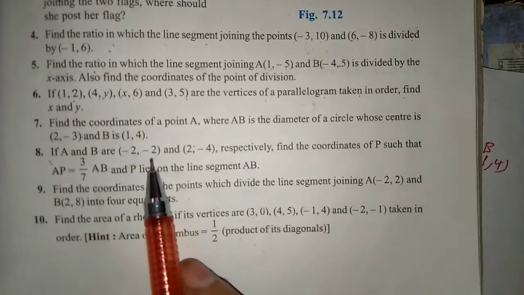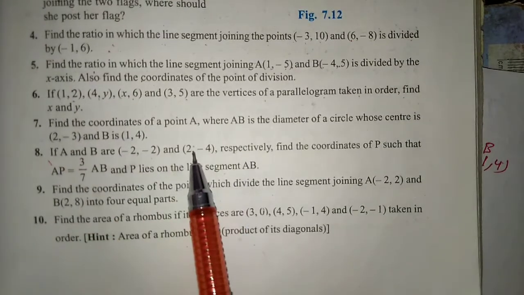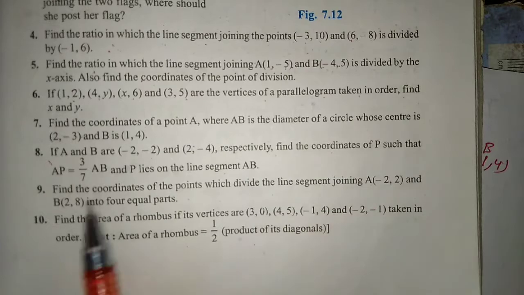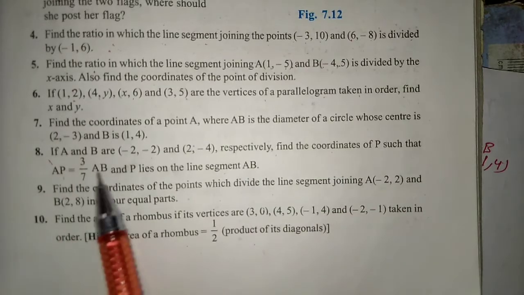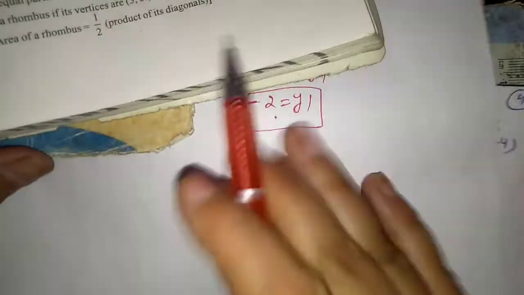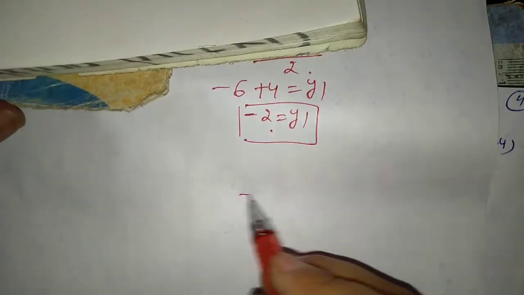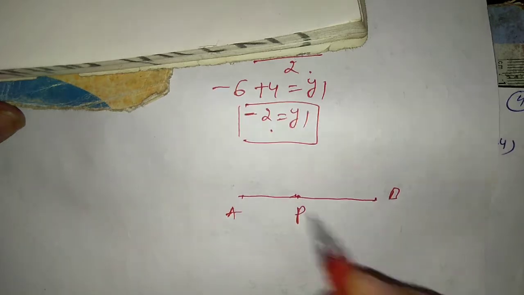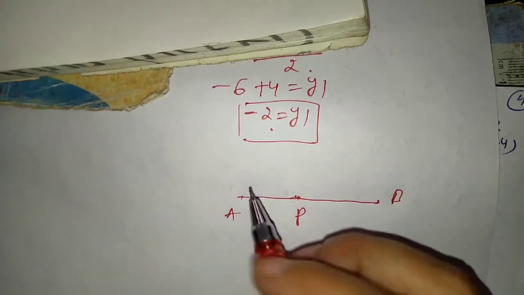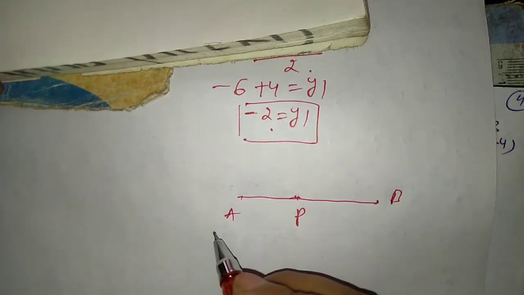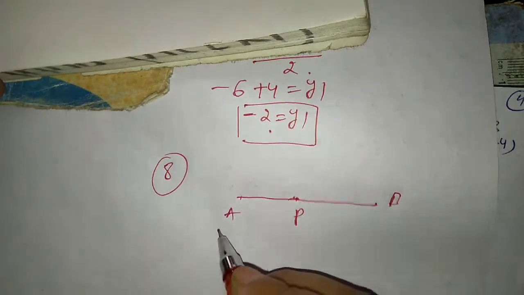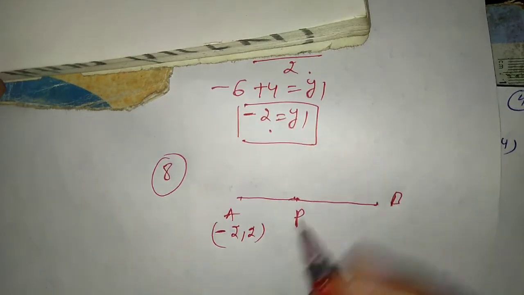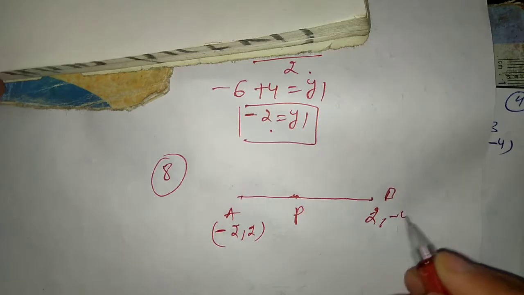If A and B are (minus 2, 2) and (2, minus 4), and P is a point such that AP is equal to 3 upon 7 AB. So here this is the point A and this is B and this is point P. A is (minus 2, 2) and B is (2, minus 4).